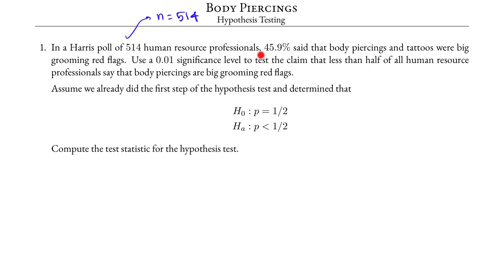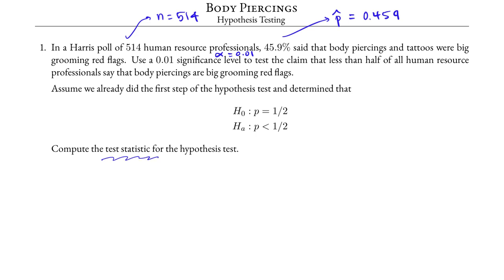This 45.9%, we assume that they computed from the sample, and so p hat equals 0.459. It is the proportion of the sample. The significance level is alpha, so alpha equals 0.01, but in this case we will not need to use it because again we only compute the test statistic.